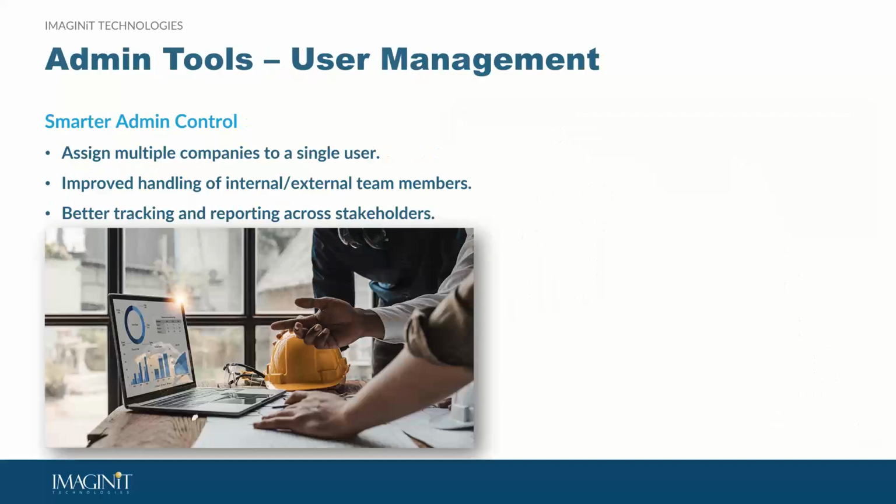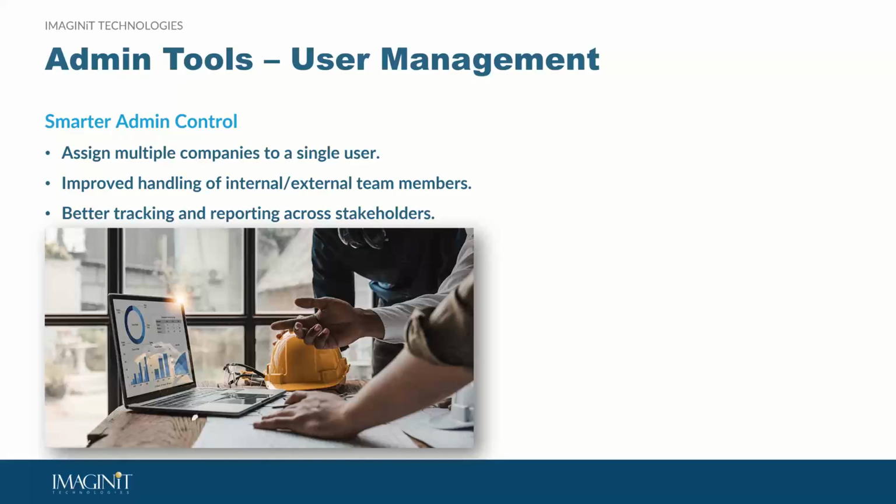So for some of our admin tools, smarter admin user management specifically, we have the ability to assign multiple companies to a single user. So if we are owner's rep and we need to be represented by both the owner, to fall under that umbrella, as well as our own company, we can now do that.